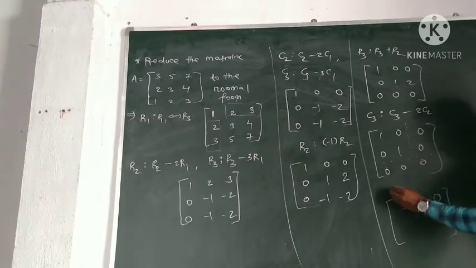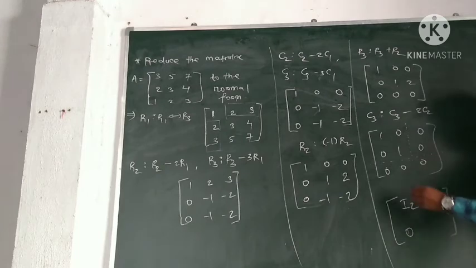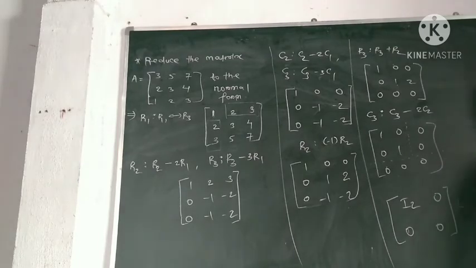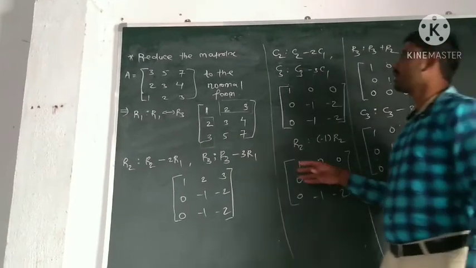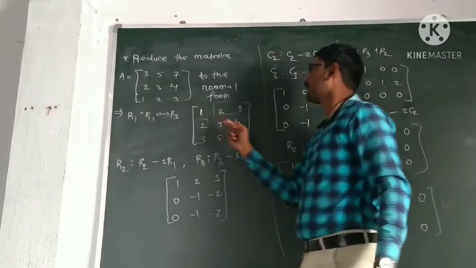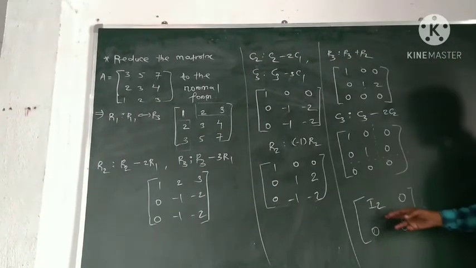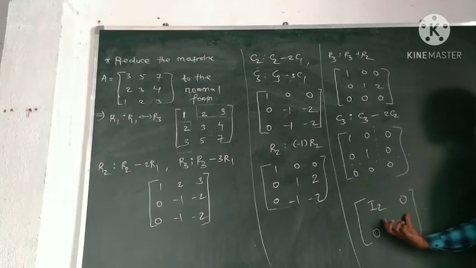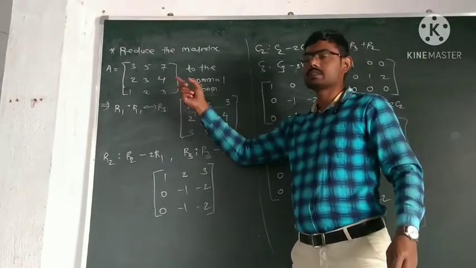Again this matrix 0 0, we write it by 0, 1 row 2 columns, and this symbol. This matrix is in normal form. So we have reduced our matrix A, 3 5 7, 2 3 4, 1 2 3, to the normal form. This is the normal form of this matrix.